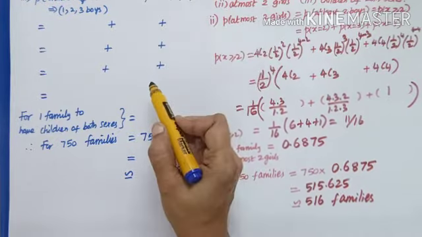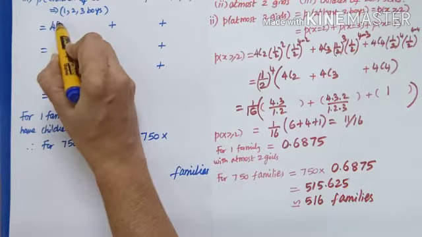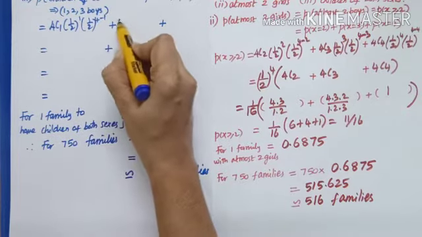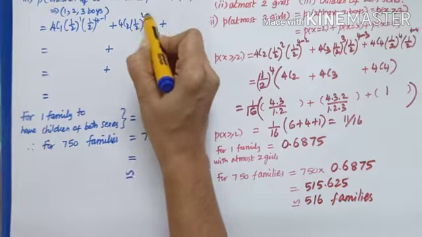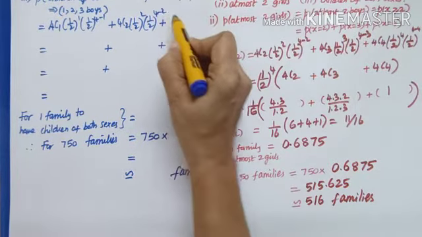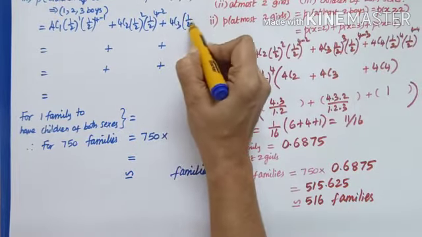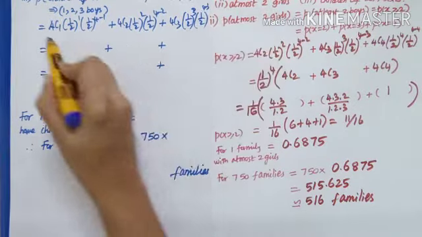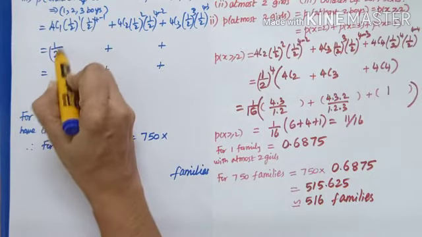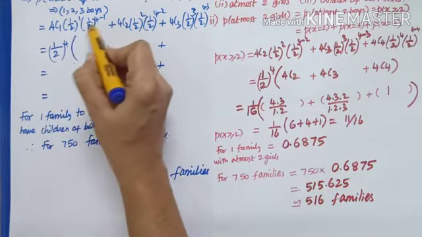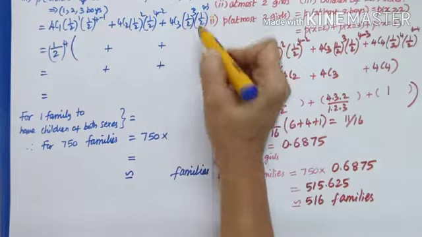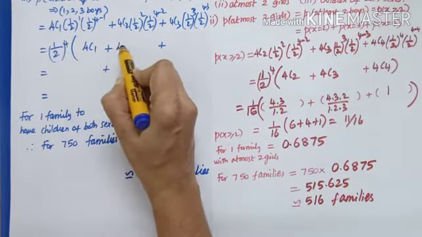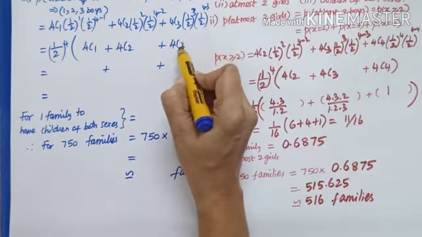So, put x equal to 1 in the formula. 4C1 half power 1 half power 4 minus 1. 4C2 half power 2 half power 4 minus 2. 4C3 half power 3 half power 4 minus 3. In all the cases, half power 4 will come out. Plus 1 minus 1, plus 2 minus 2, plus 3 minus 3 cancel. I am left with 4C1 plus 4C2 plus 4C3.